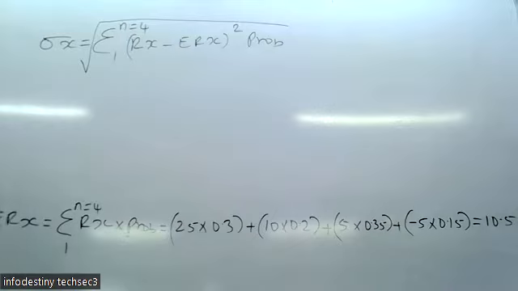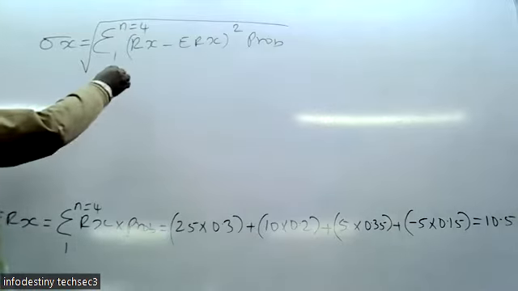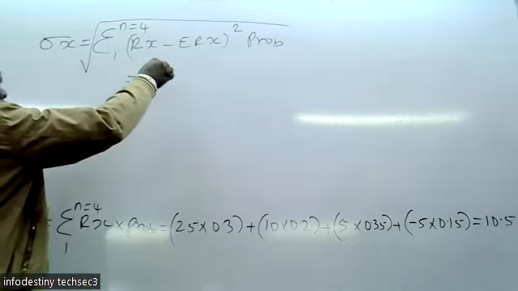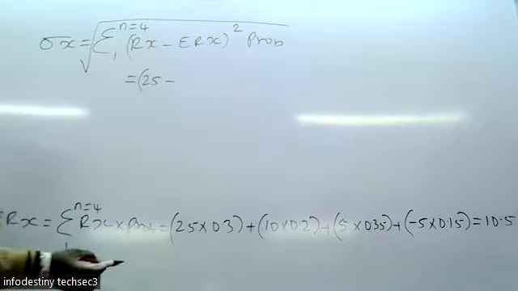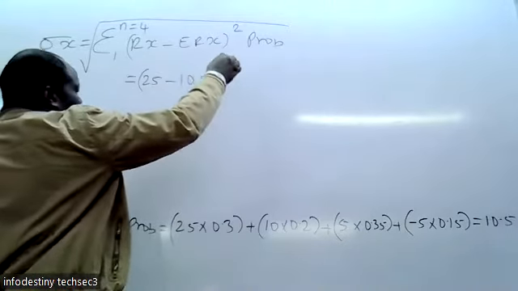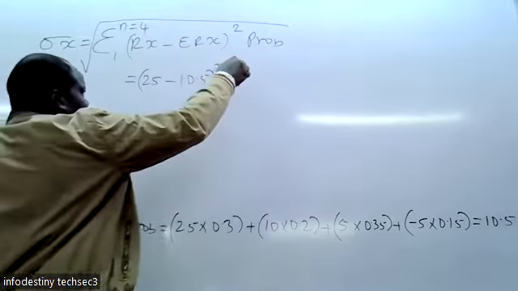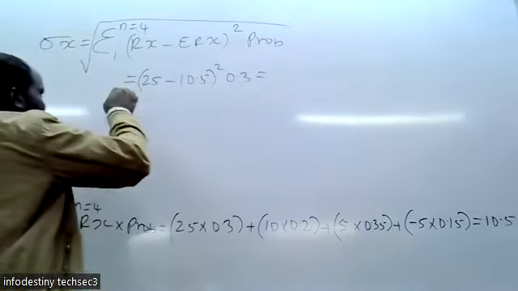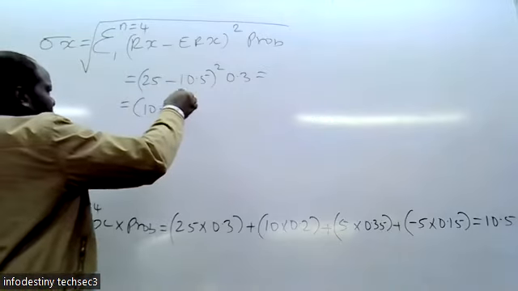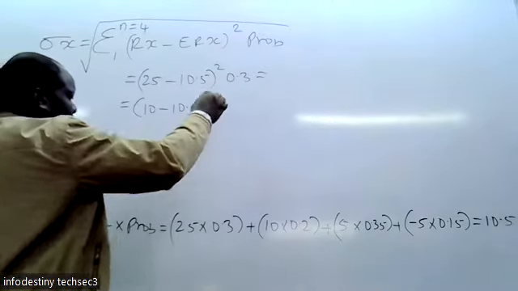So we have all the information so far. The first return for x is 25, minus expected return, which is 10.5. We square. The first probability was 0.3. The second return is 10, also minus 10.5. You square.